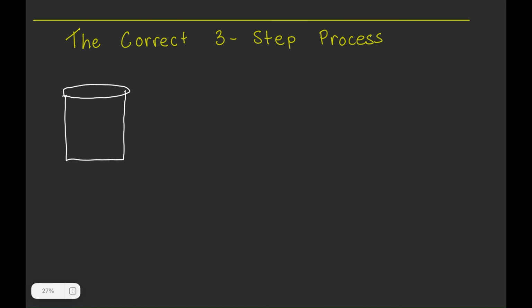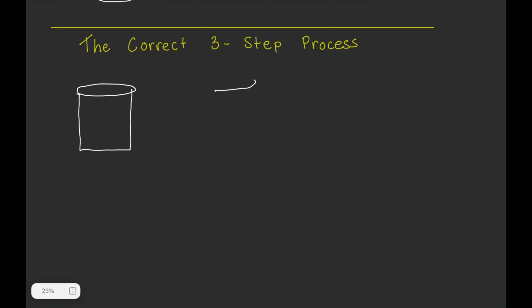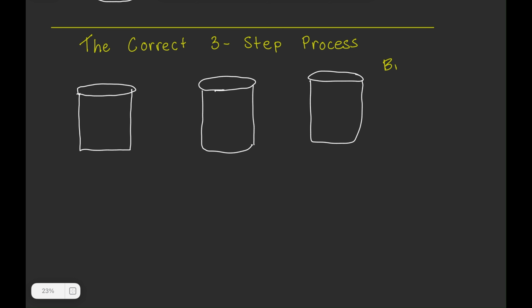Actually, we'll draw three of them because this is going to be a three-step process. So I'll draw another one right here, and then I'll draw a third one right here. To get this right, we're going to use what's called the bring to volume method, and you'll see this abbreviated as BTV.